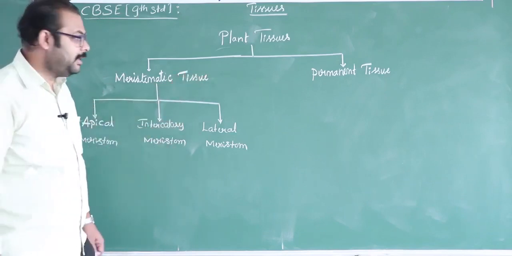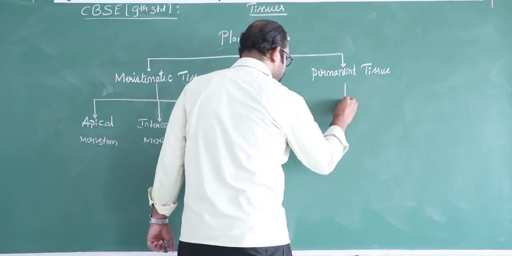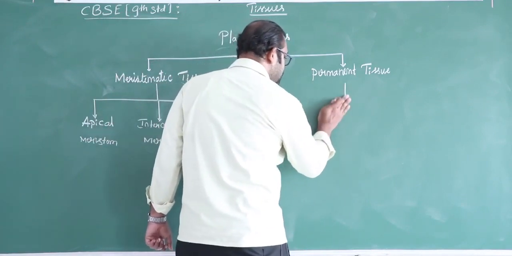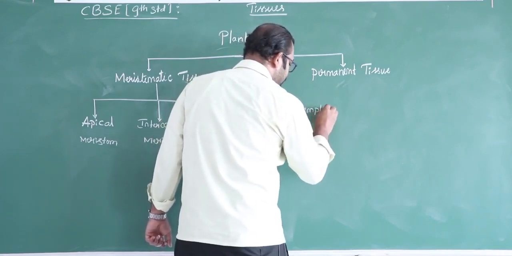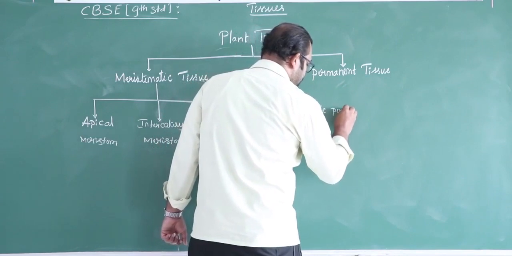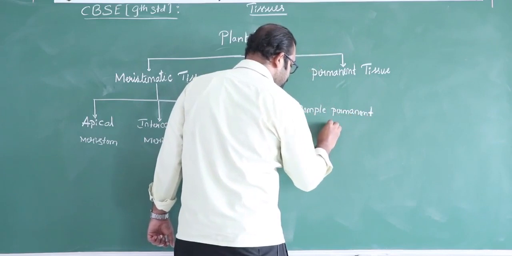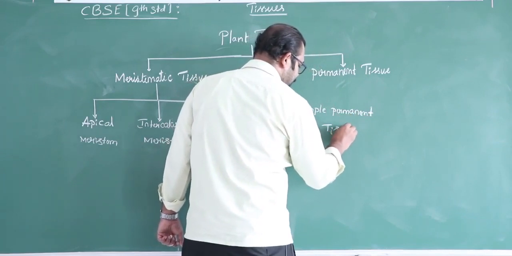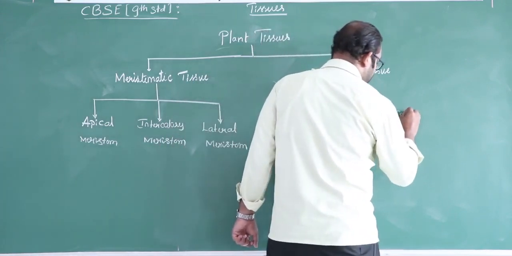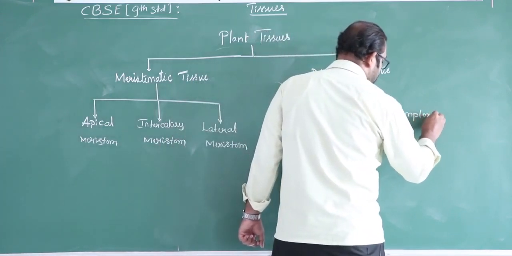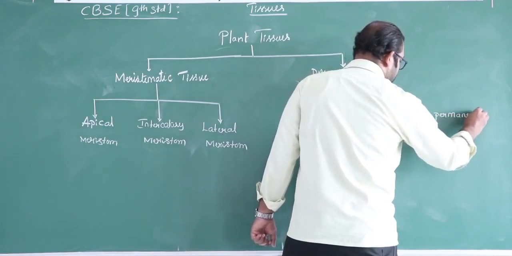Now coming to permanent tissues. Permanent tissues are classified into two types. One is simple permanent tissue and another one is complex permanent tissue.